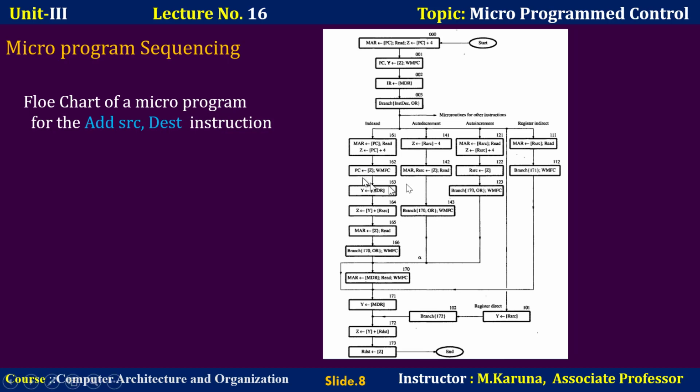Likewise, these are the different ways of getting the data before going to perform the add instruction. Whenever a branch occurs, it jumps to the next address. PC will be loaded with the next address, then the processor jumps to that address and executes the respective program.